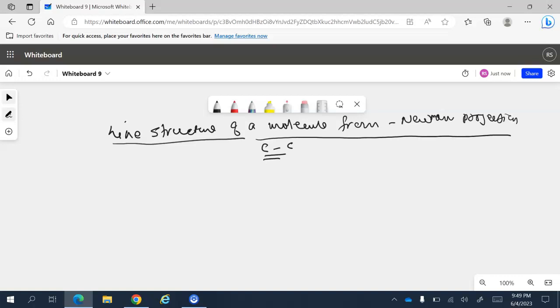Let us see, for example, one molecule with the Newman structure as shown here. We have here a CH3 group, hydrogen, bromine, for example, and the other carbon is this one here, with Br, CH3 and hydrogen.